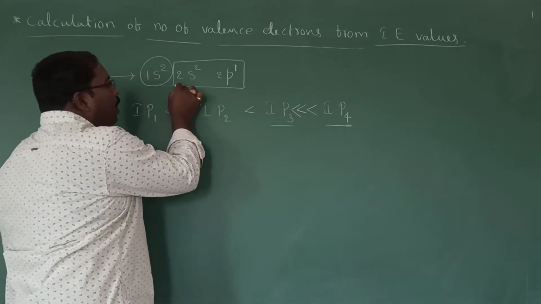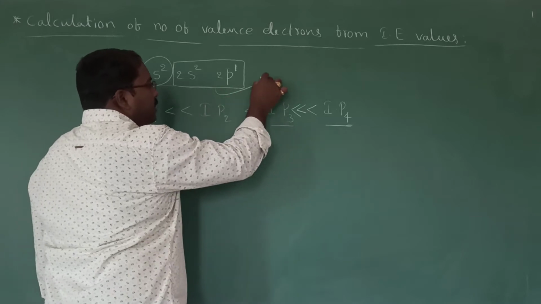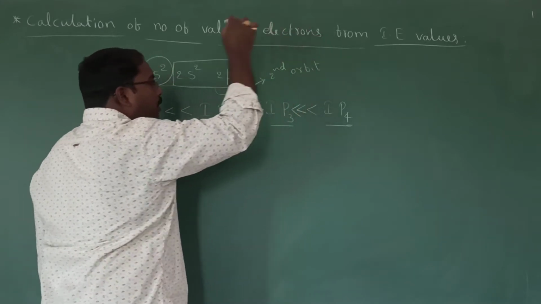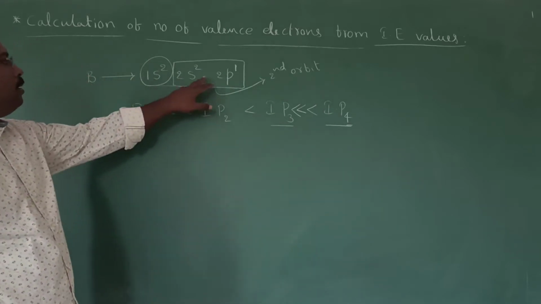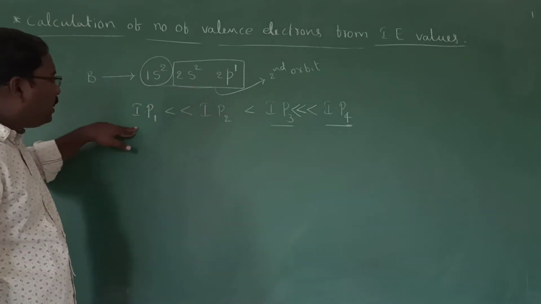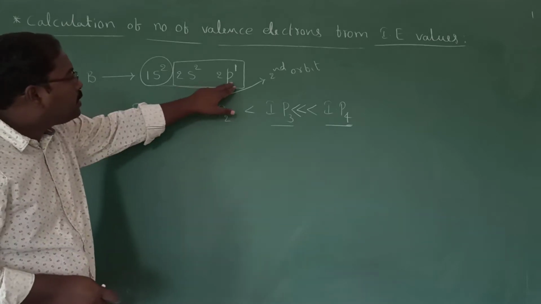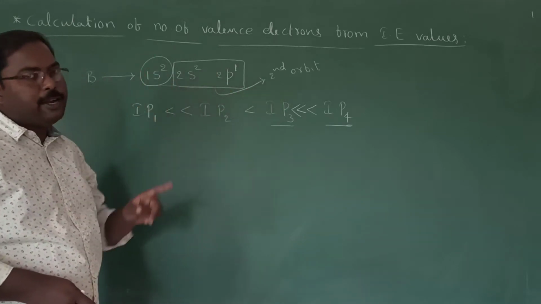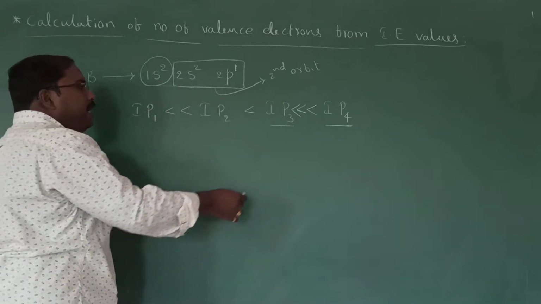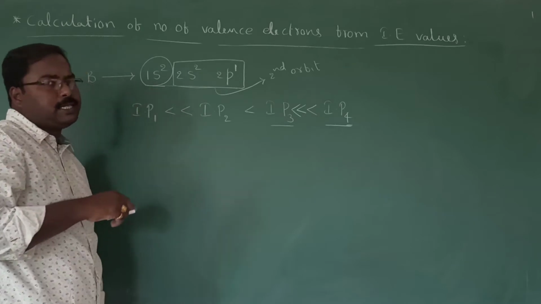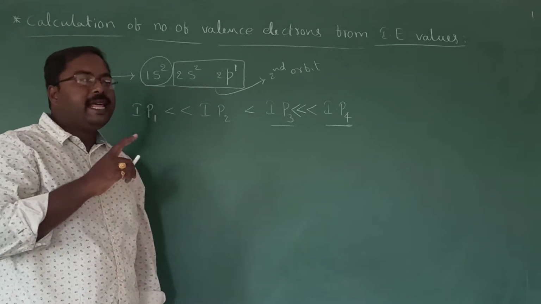The other electrons are present in the second shell. The first 3 energy values correspond to the removal of the last 3 electrons in the second shell, but for IP4 you are going to remove an electron from the first shell, the inner shell.